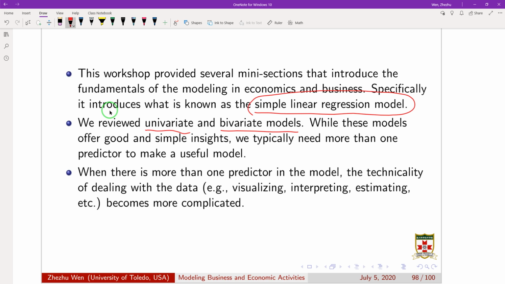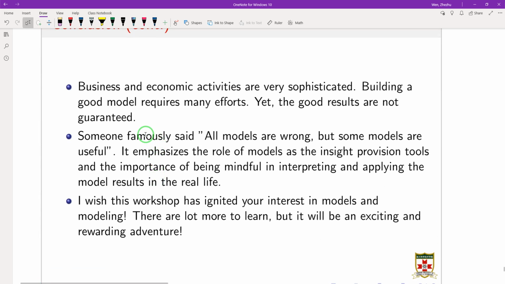While these models offer good and simple insights, we typically need more than one predictor to make more useful predictions. When there is more than one predictor in the model, the technicality of dealing with the data and the model becomes more complicated.